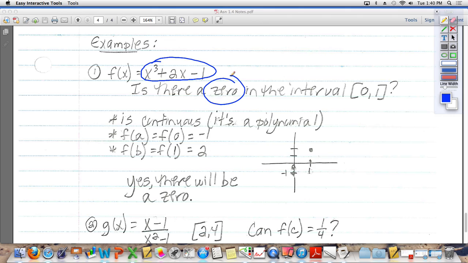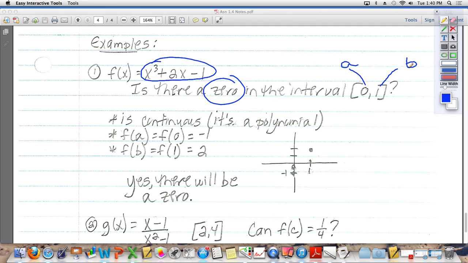Now what we need to do is figure out what is the value of f of a. Well, a in this case is 0. Mark that. That's a. The 1 is b. So what is f of a? That means what is f of 0? So I put a 0 in here, x to the power of 3 plus 2x minus 1.